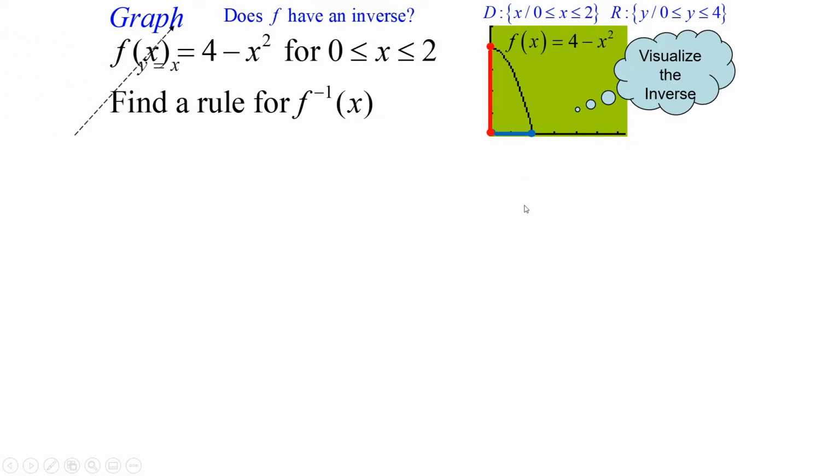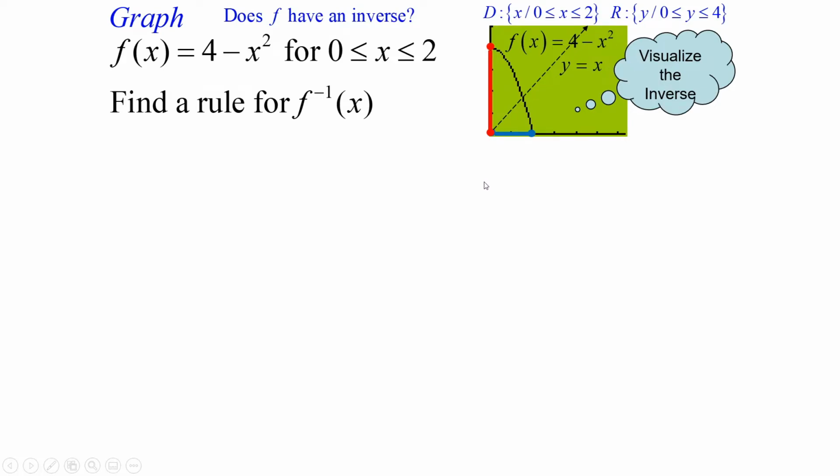And I'm going to do that as a dashed line just like that. Now, the inverse of f of x equals 4 minus x squared in this restricted domain right here would be the reflection of this graph right there over the line y equals x.